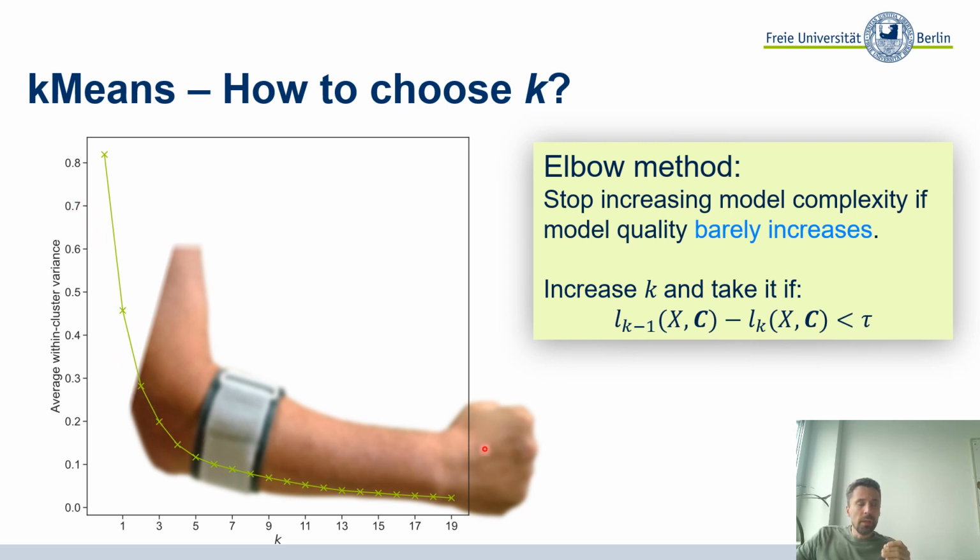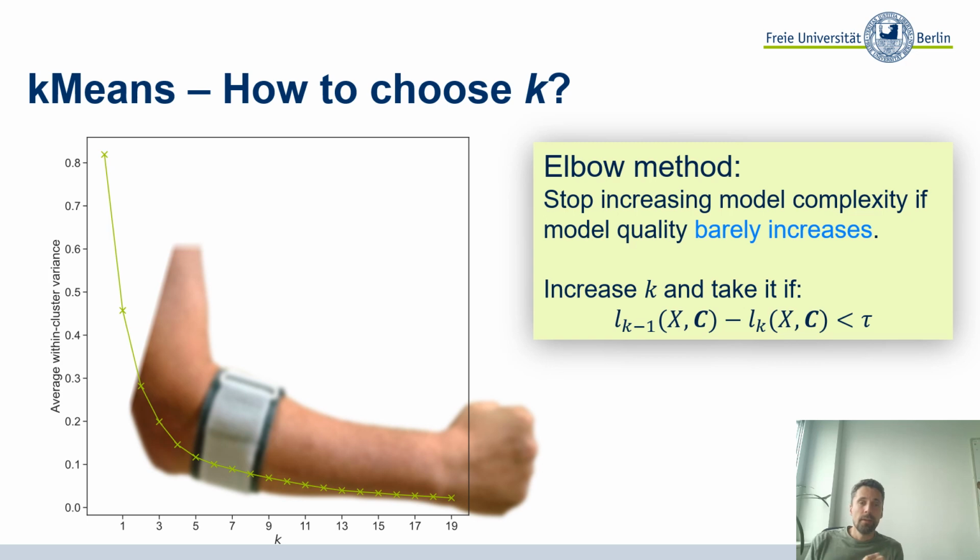And we don't want to be at the other extreme either, because that is overfitting. So what we want to do is increase k and decrease the loss, and stop increasing k if the gain in loss, so the amount of how much we get better, is smaller than a certain threshold tau.